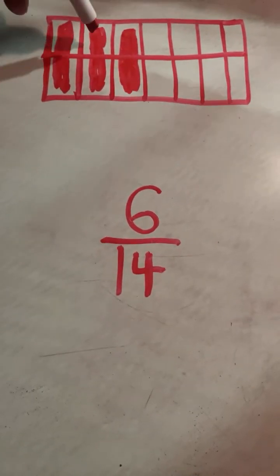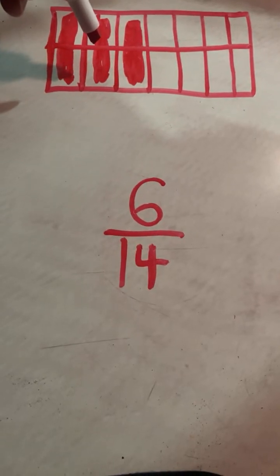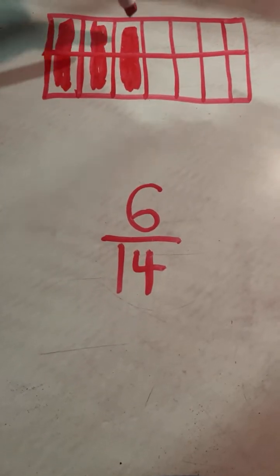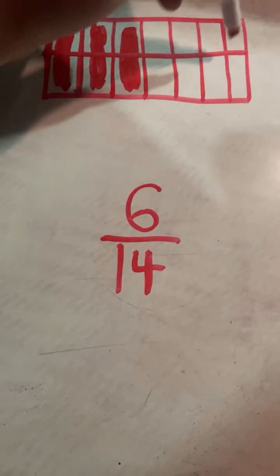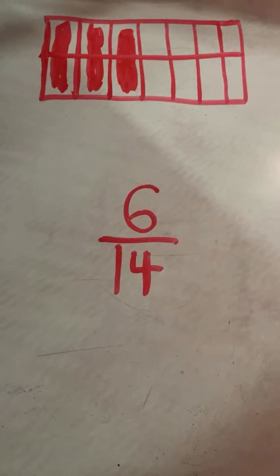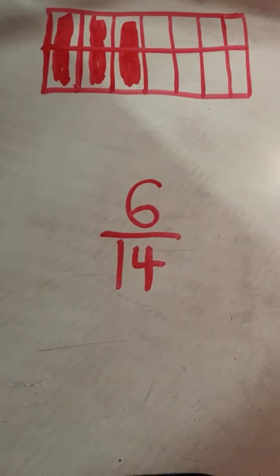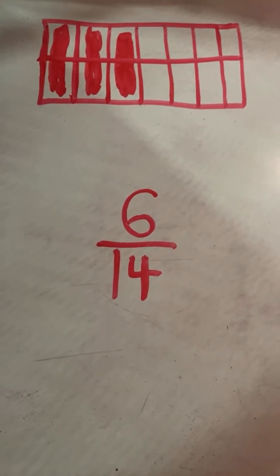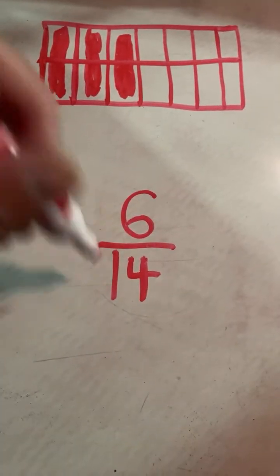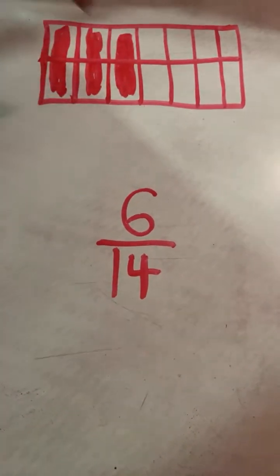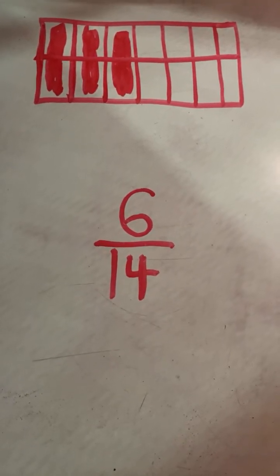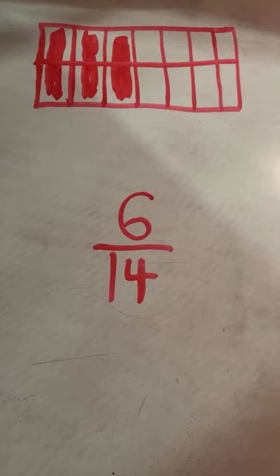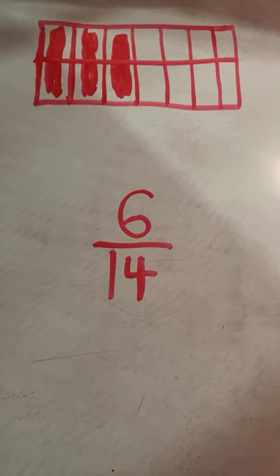So 1, 2, 3, 4, 5, 6, 7, 8, 9, 10, 11, 12, 13, 14. So 14 total parts, and then I have 1, 2, 3, 4, 5, 6 that are shaded. So we now have a fraction model that represents 6/14.